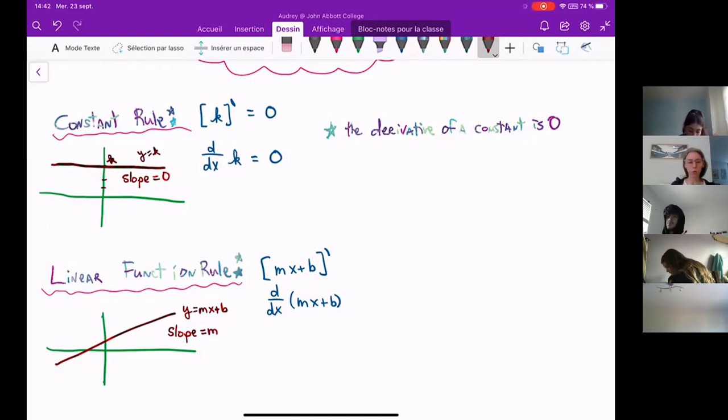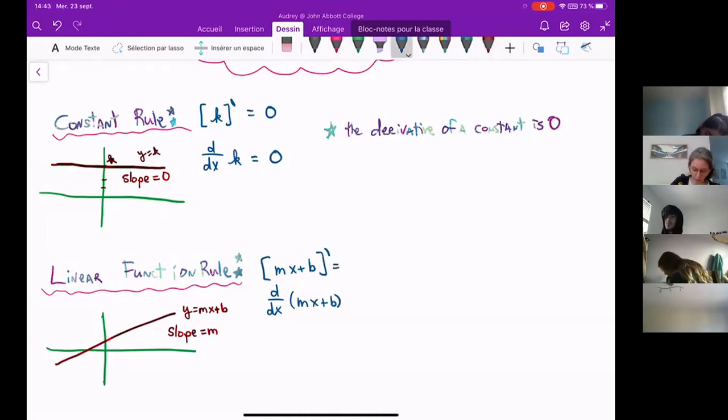So then what's the derivative of y equals mx plus b? It's also going to just be that m. You got it. Or a if we're using a instead of m.